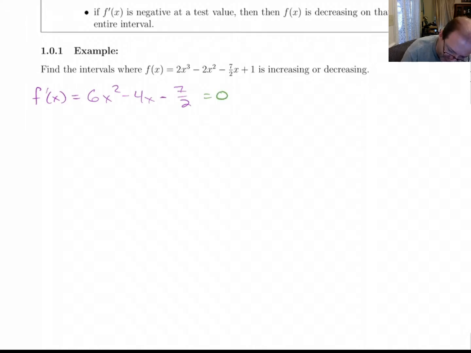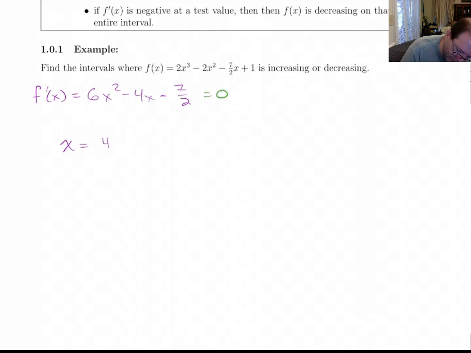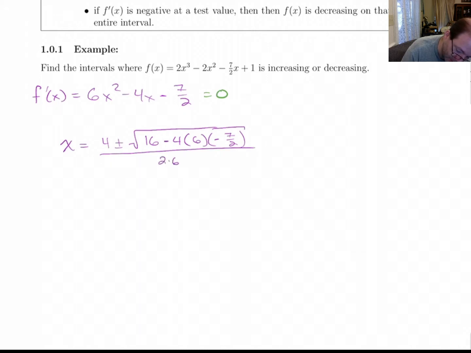I could try to factor this. I'm not going to, though. Instead of factoring, I'm just going to jump straight to the quadratic formula. So I get 4 plus or minus the square root of b squared, so that's 16 minus 4 times 6 times negative 7 halves, and all that stuff over 2a, so 2 times 6.